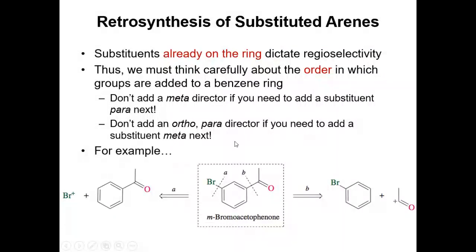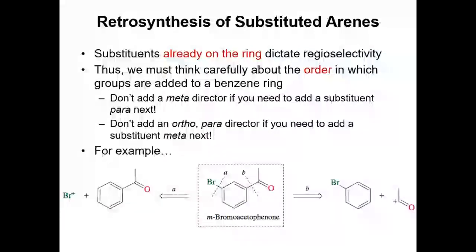Just for instance, if you are asked to synthesize this compound, the name we don't need to worry about. Basically, we have a bromine group and a carbonyl-based group. They are meta to each other. So if we are asked to make this starting from unsubstituted benzene, obviously we need to introduce two substituents sequentially.